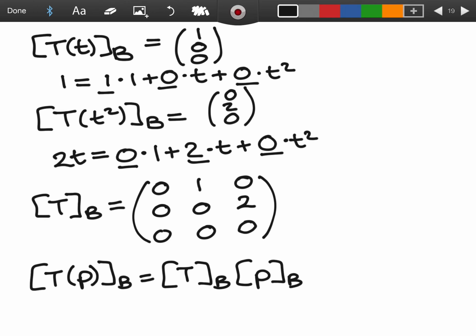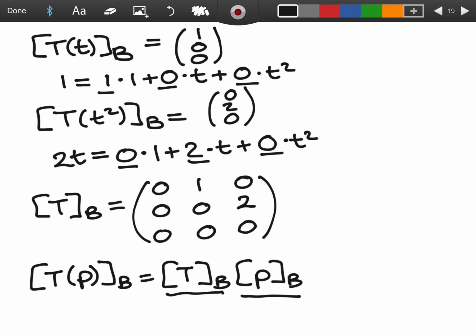So I'm going to write my polynomial in terms of that standard basis. And multiplying that vector by that matrix is going to tell us where the image of that polynomial gets mapped to in relation to our basis B.